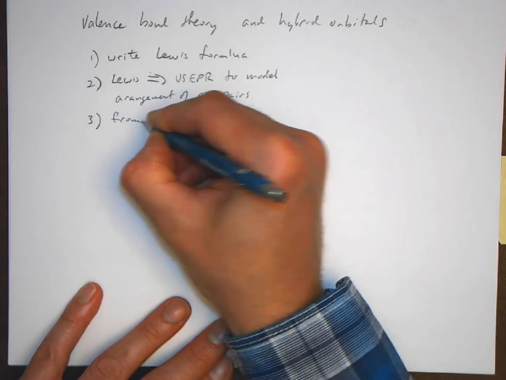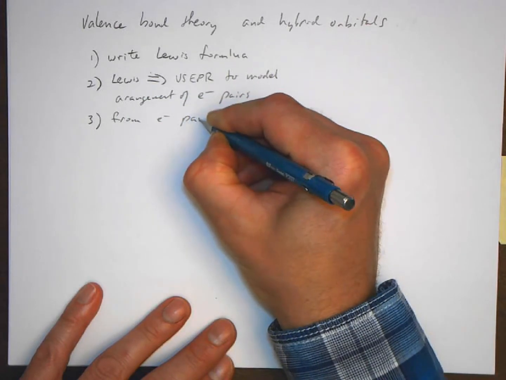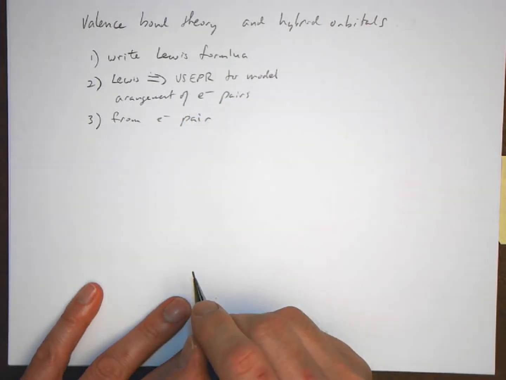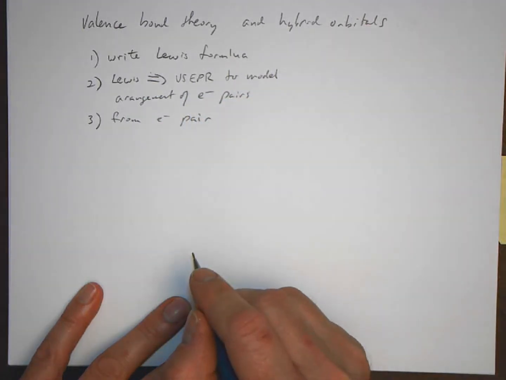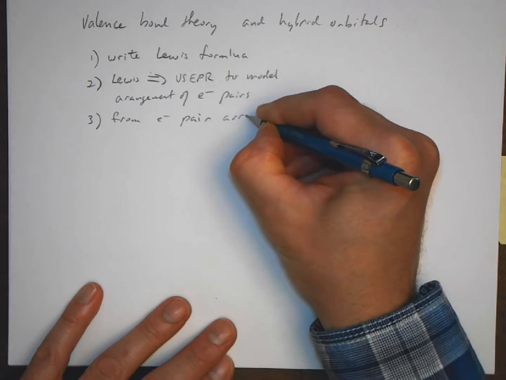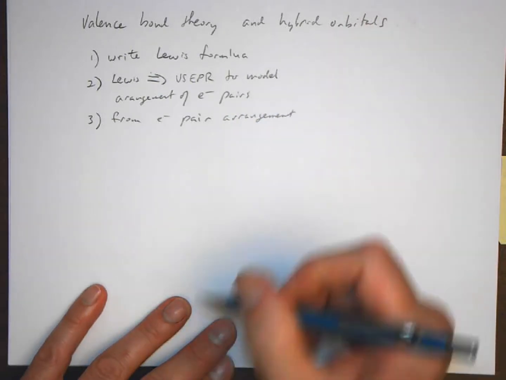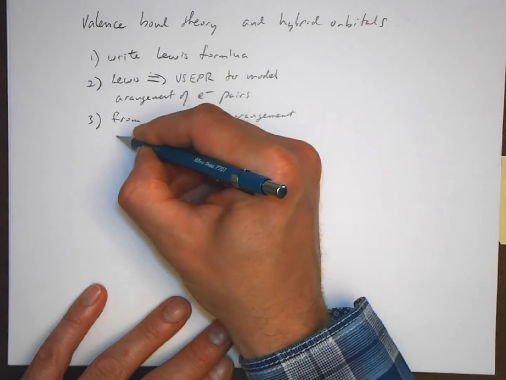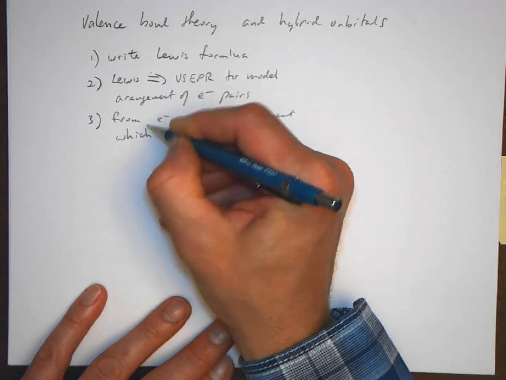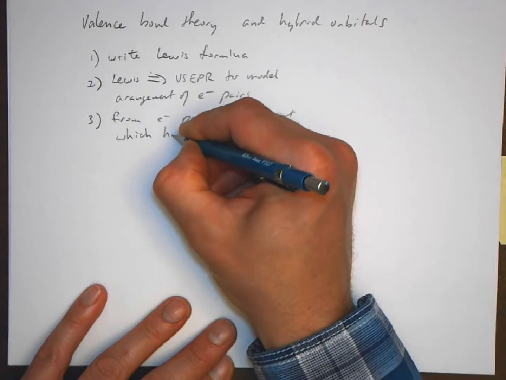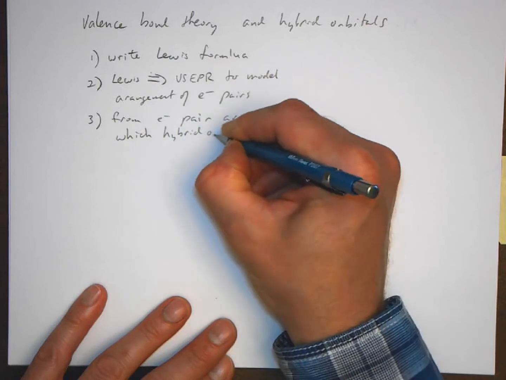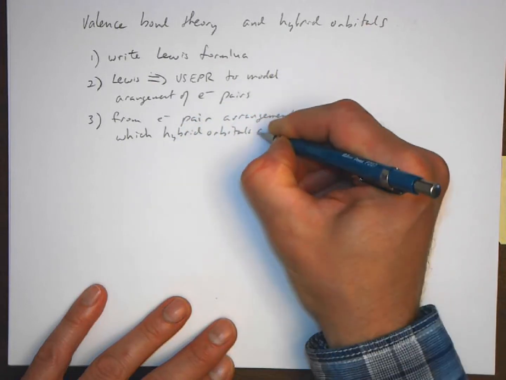From the electron pair arrangement, we can ask ourselves which hybrid orbitals are needed.